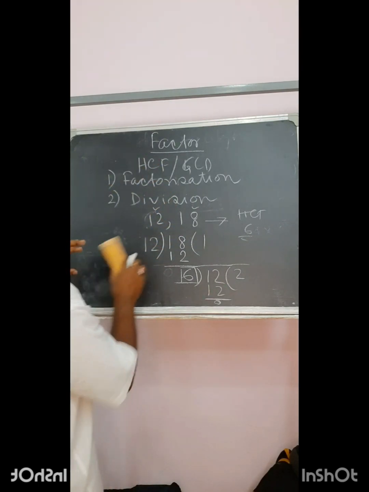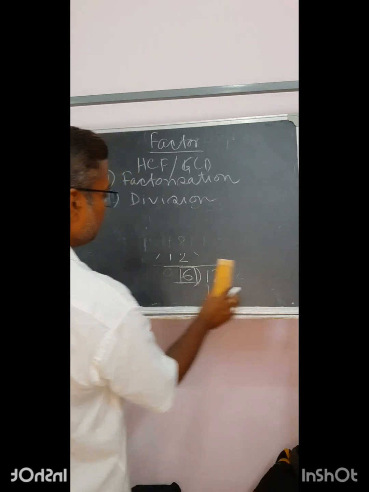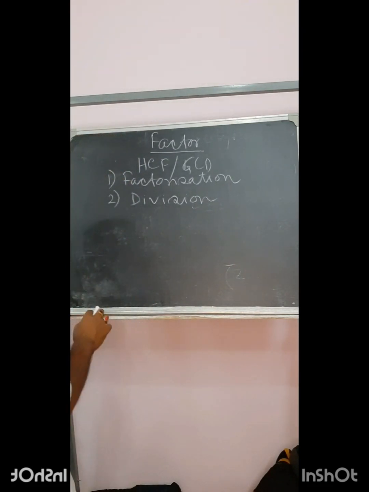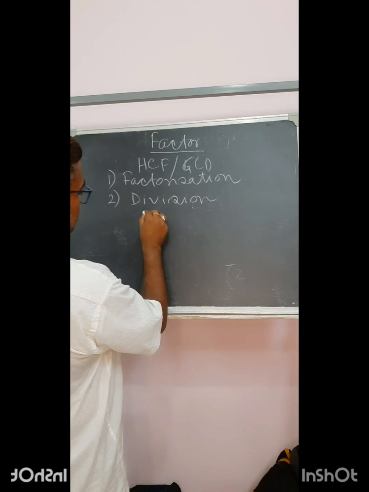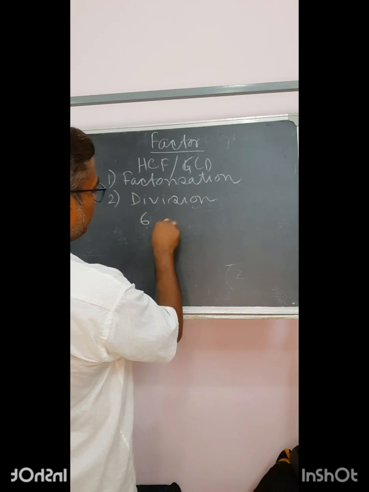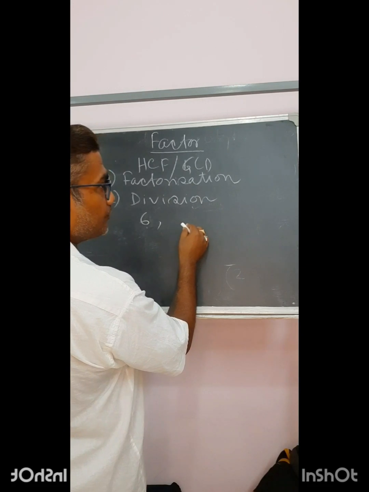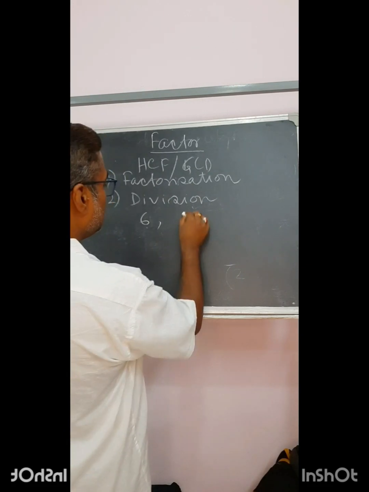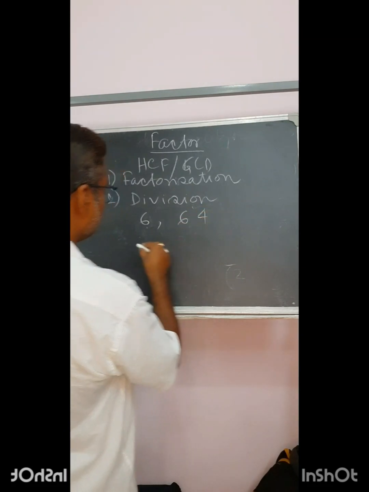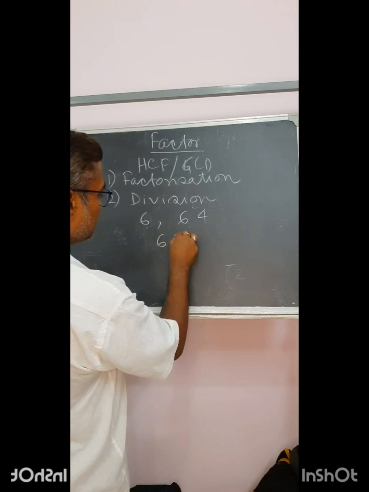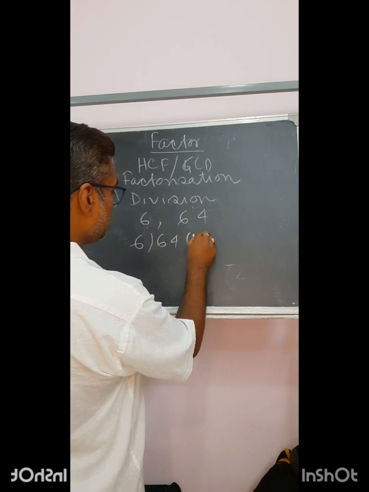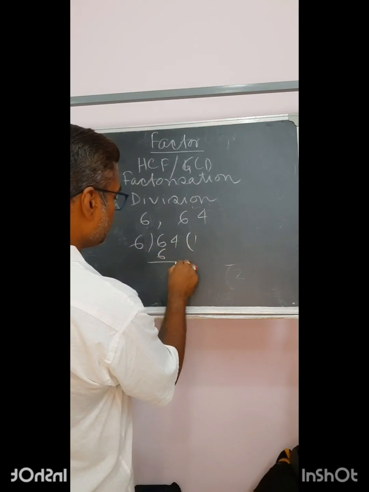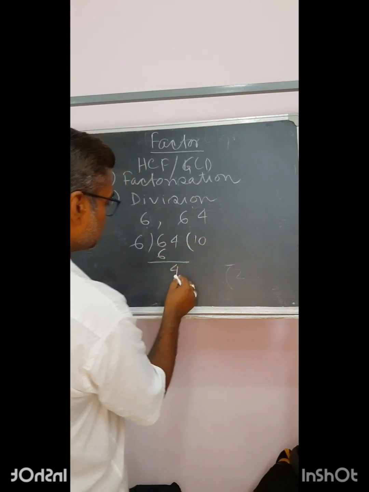If I take something which can be a prolonged one, that would make it clearer. So I will take something, let's say 6, and 64, which is not perfectly divisible. So let's check it. 6 into 16, 4 will come, that means I have to take 0.